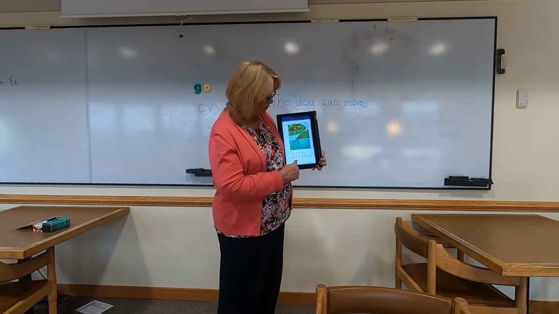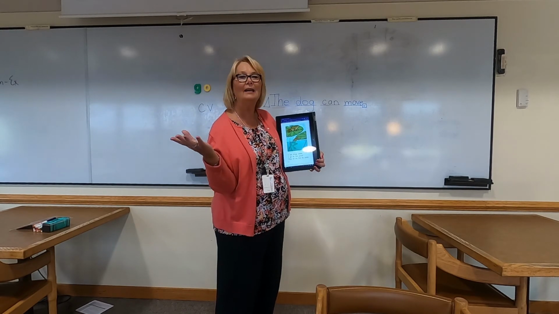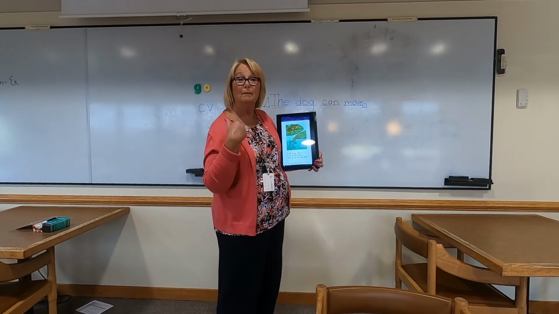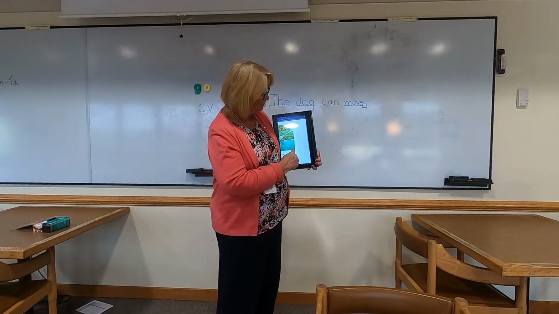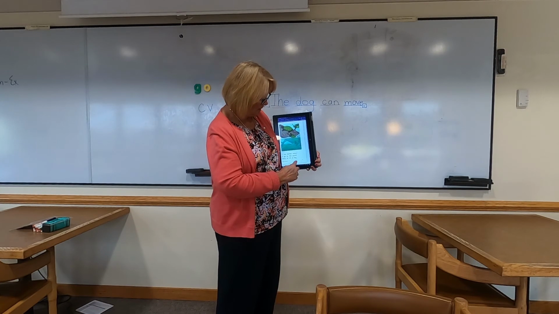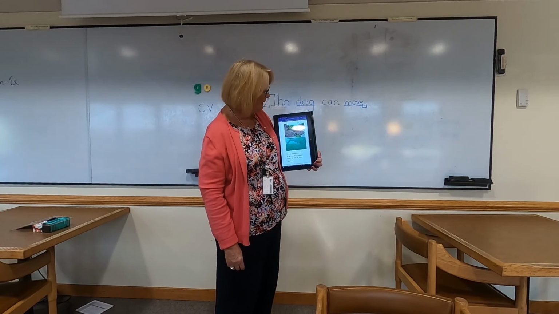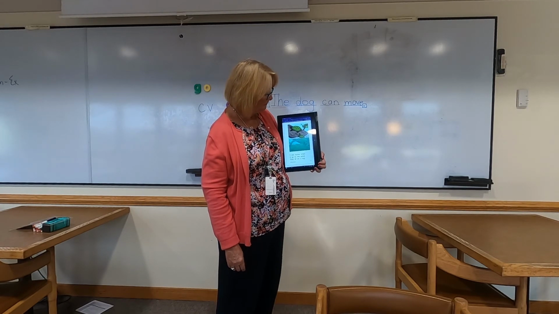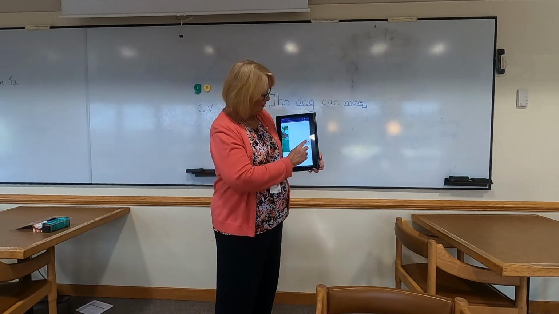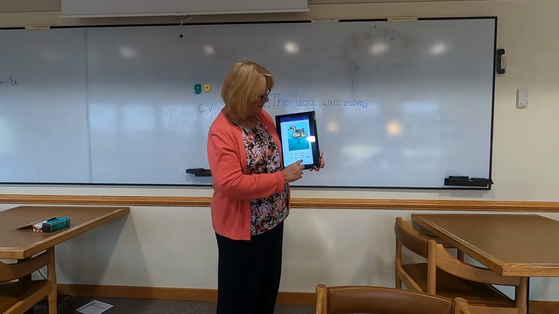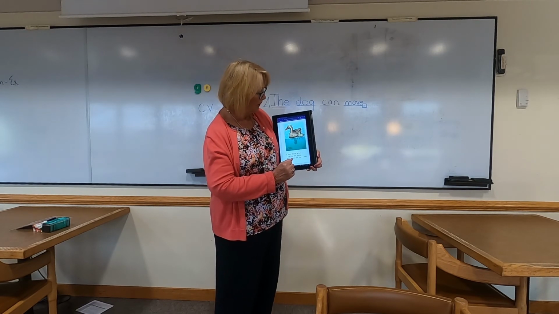I see frogs when I go to the pond. They sit on the lily pads. See, I didn't even know that was coming, and because I'm a good reader, I can kind of predict that. I see turtles when I go to the pond. They sit on a log. I see ducks when I go to the pond. They swim on the water.